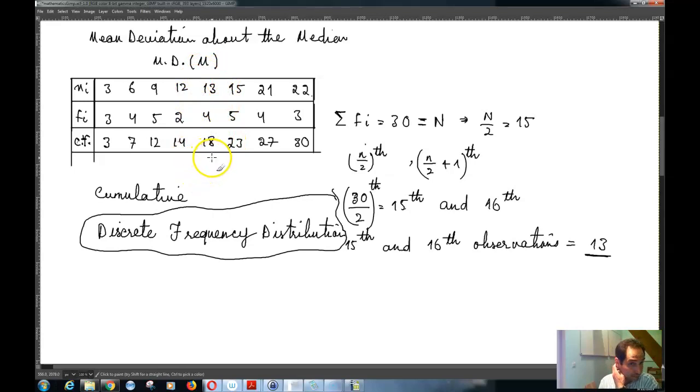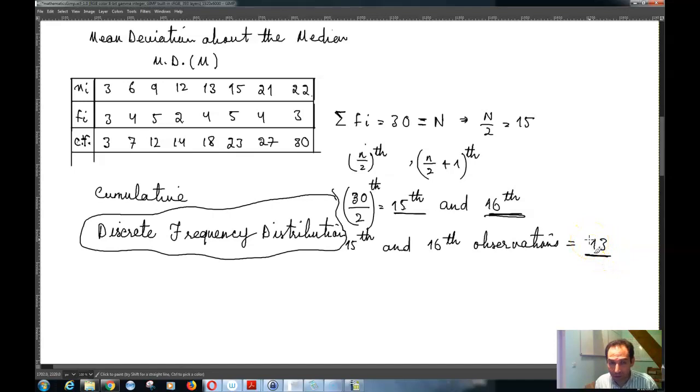And of course, since I'm looking for the 15th and the 16th observations, they fall within this column over here, and so that way you know that the observation that you're looking for, which is the median of your data, is 13.